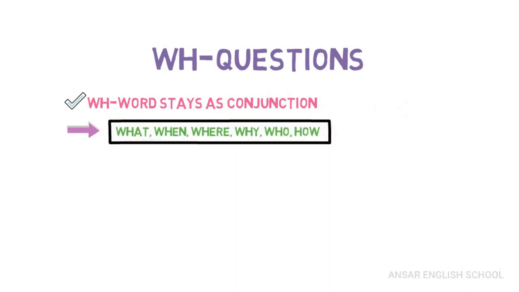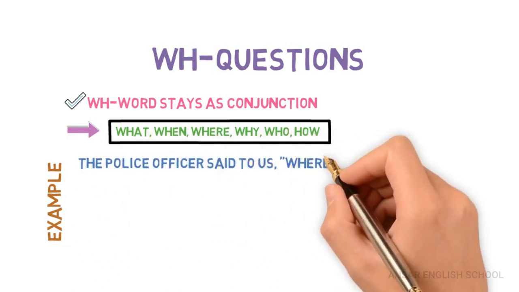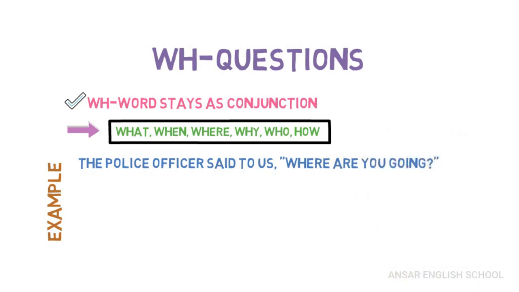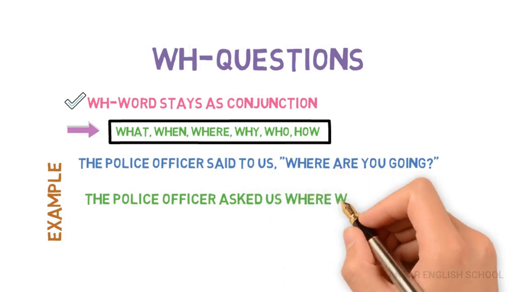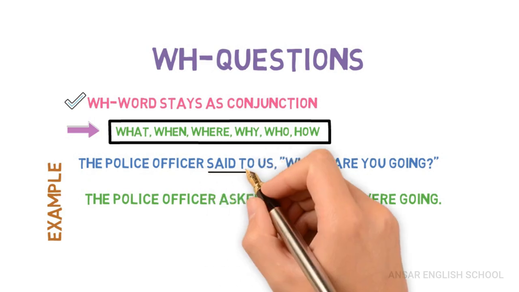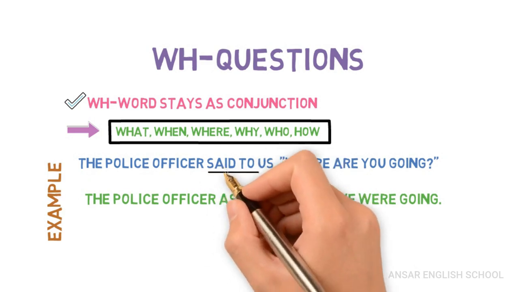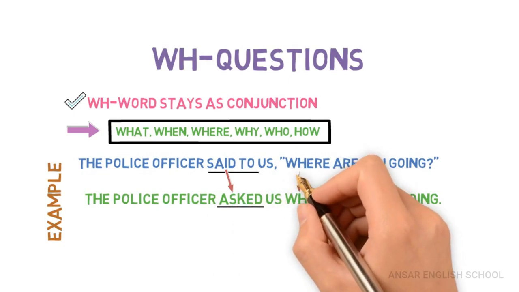For example, a police officer said to us, "Where are you going?" When you report that question, it becomes: the police officer asked us where we were going. So let's see how it changes. Said to is the reporting verb, it changes to asked. And where is the question word, it remains as the conjunction.